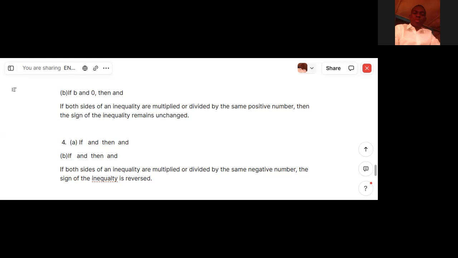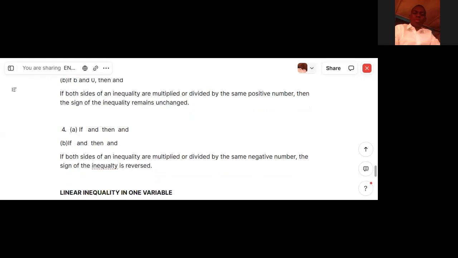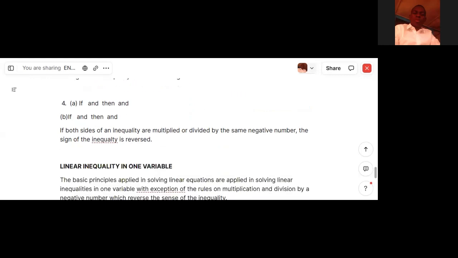Likewise, when you do division on both sides of an inequality with a negative integer, if both sides of an inequality are multiplied or divided by the same negative number, the sign of the inequality is reversed. So please take note of that.